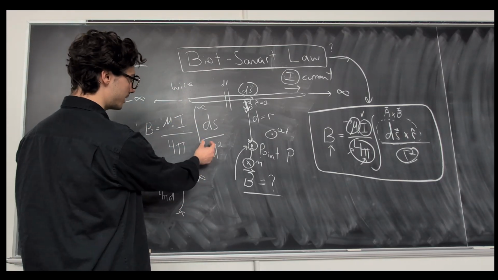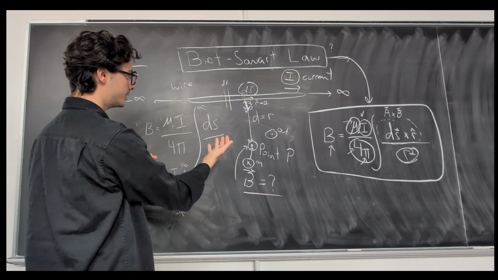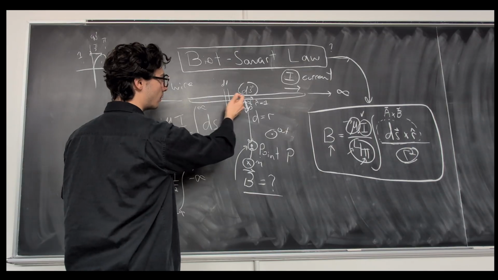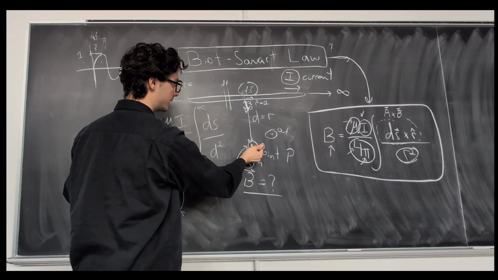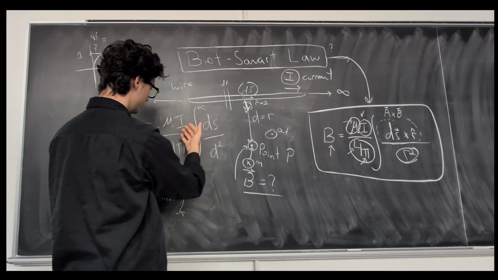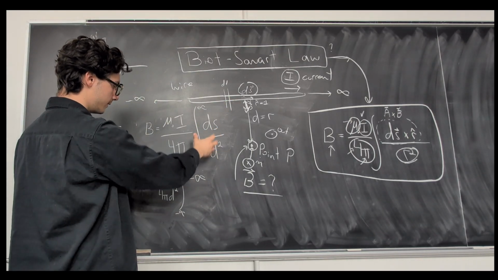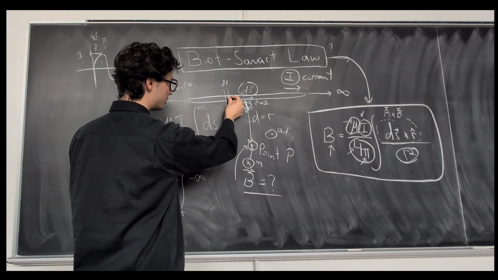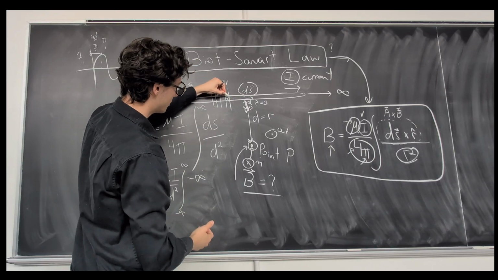Technically, what you're integrating over is ds, the small element of the wire. The reason you do this is because this small element of wire has current running through it. This small element is creating a magnetic field here. So what we have to do with the Biot-Savart law is calculate the magnetic field. All of this is basically doing that for each of these small things, and that's what an integral does. It breaks up this wire into small segments.